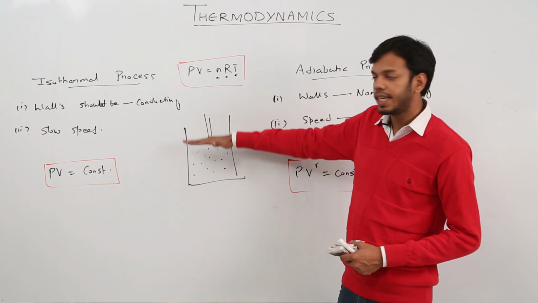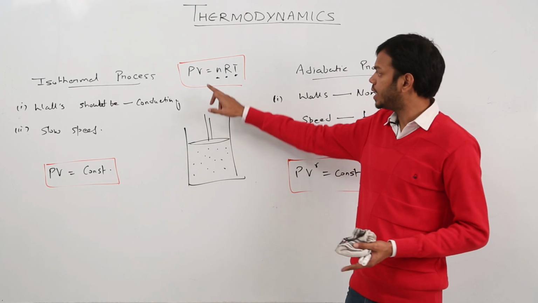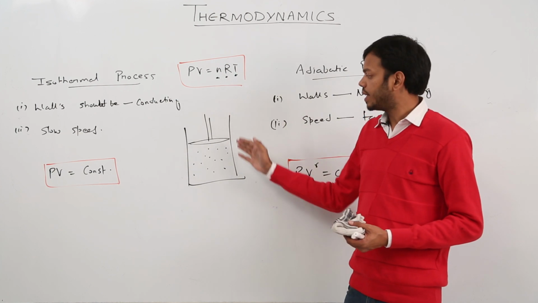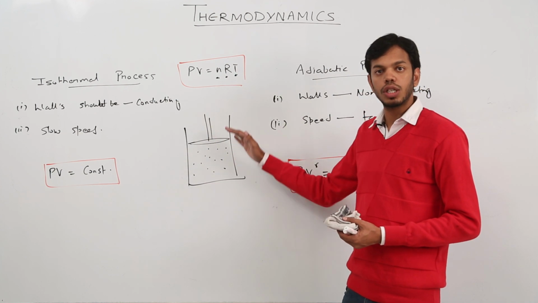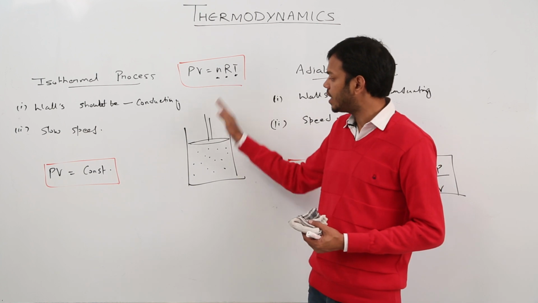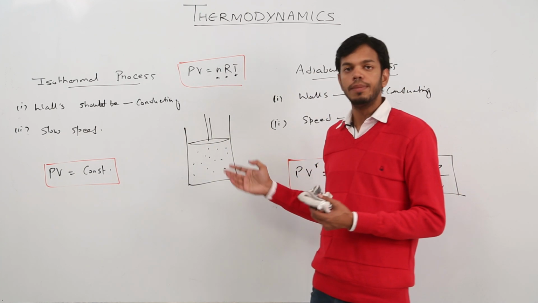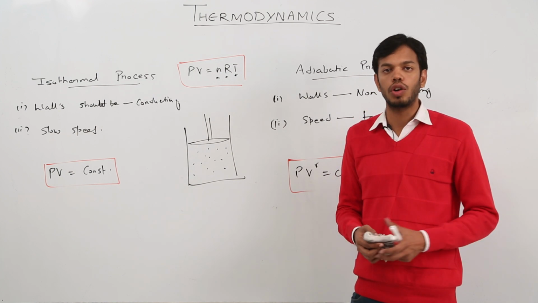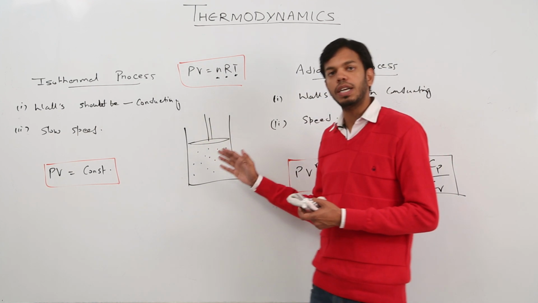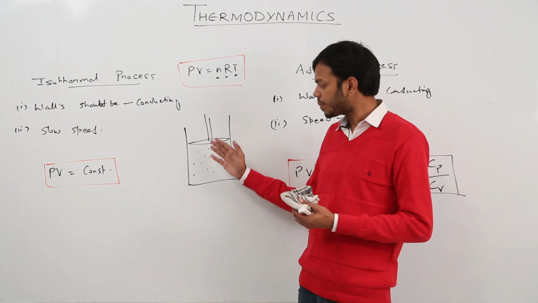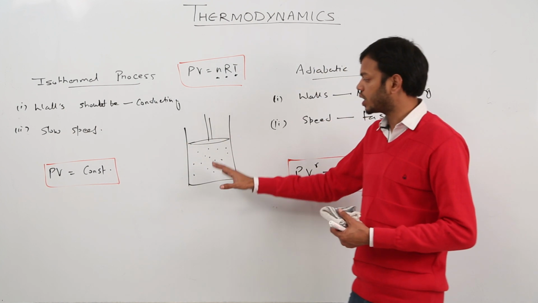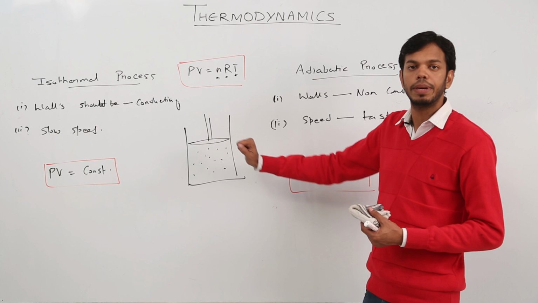So due to the increase in pressure, temperature will increase directly proportionally. But given sufficient time, that temperature is going to get released to the surrounding, released from these walls, and will be equal to the temperature of the surrounding. So temperature will keep increasing, but at the same time it will keep getting transferred to the surroundings. So the temperature of this system will remain constant.